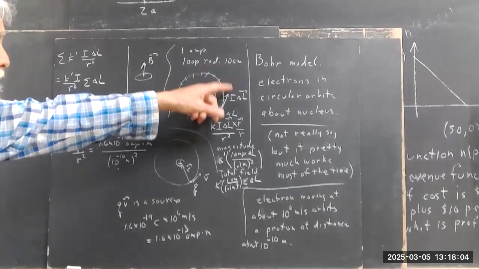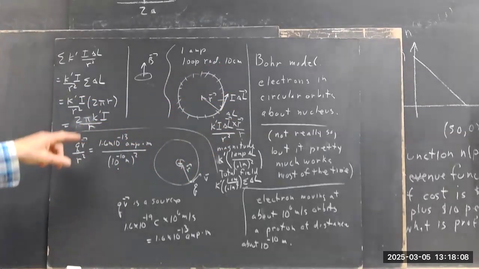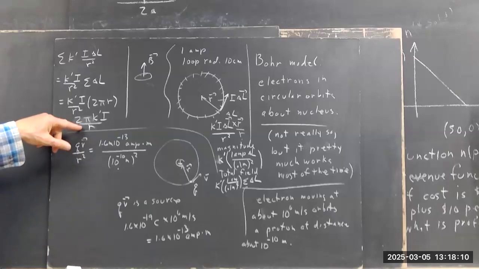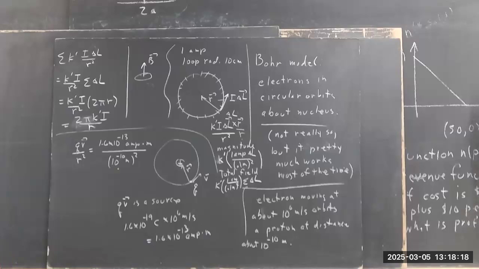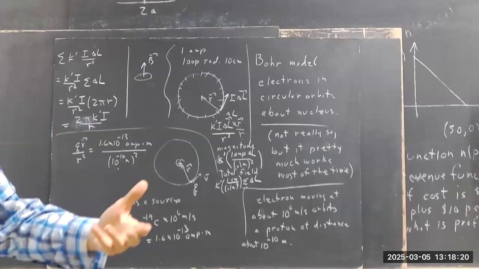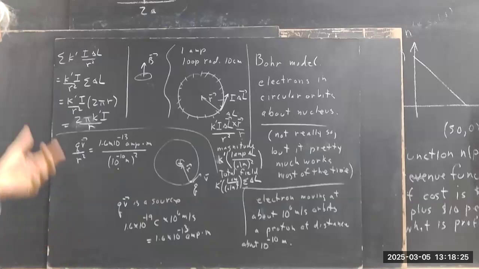Now, if I is 1 amp and R is 1/10 of a meter, 2 pi over 0.1 is about 60 times K prime. Just put in the numbers with the units and you work out the units. K prime is 10 to the -7th.